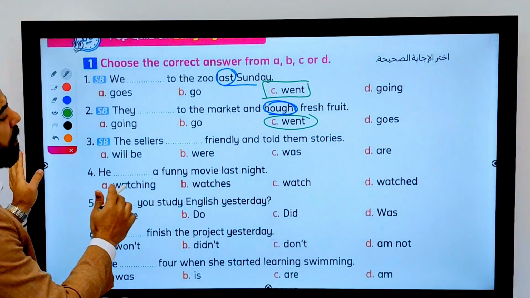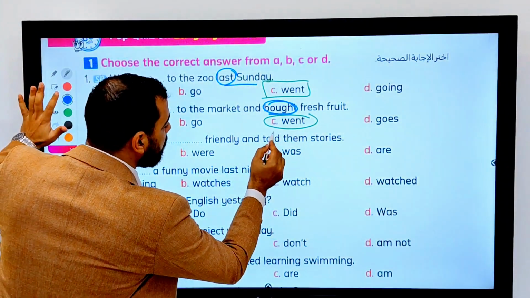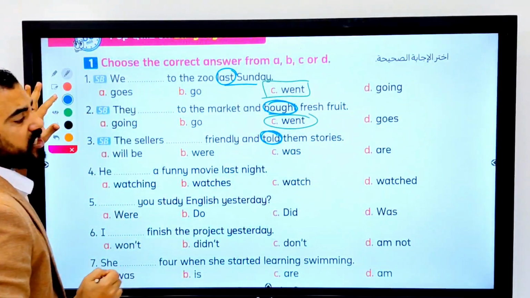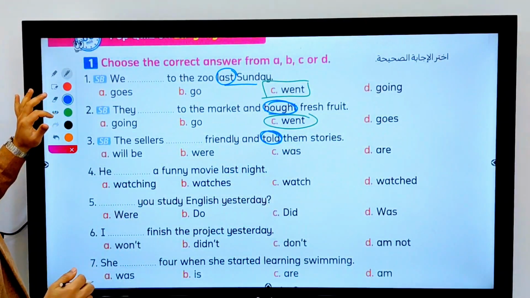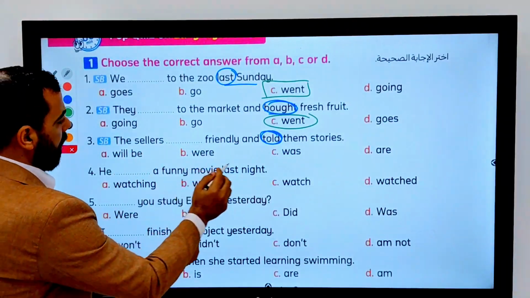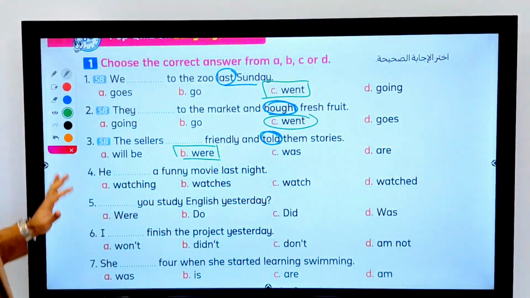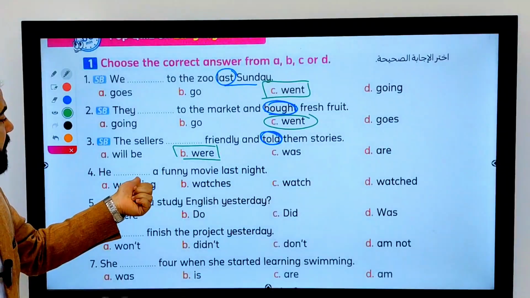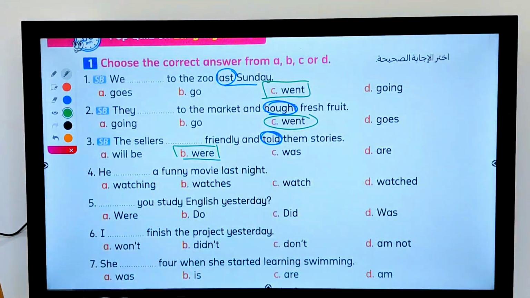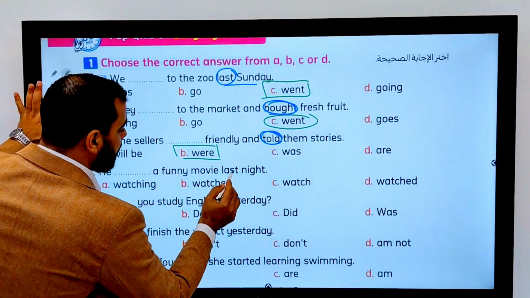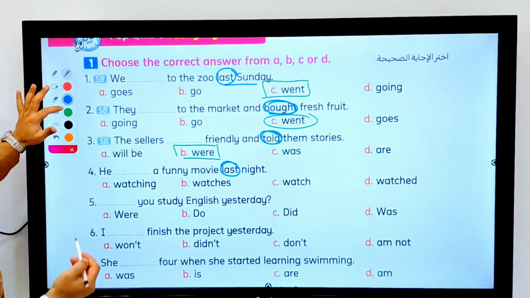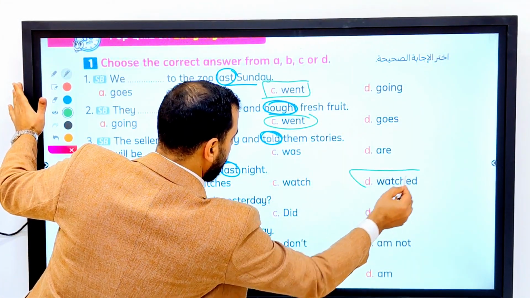Bought is in the past. The seller was friendly and told them stories. He watched a funny movie last night. Last night is in the past, so he watched it.